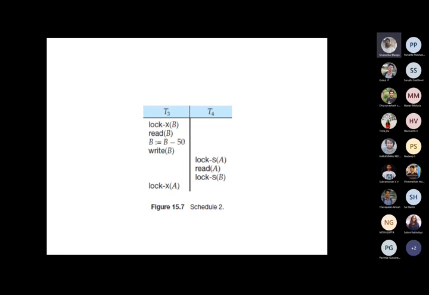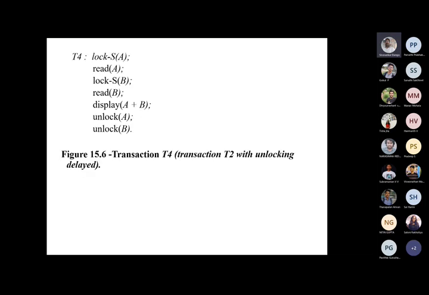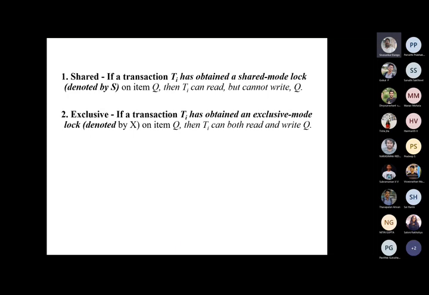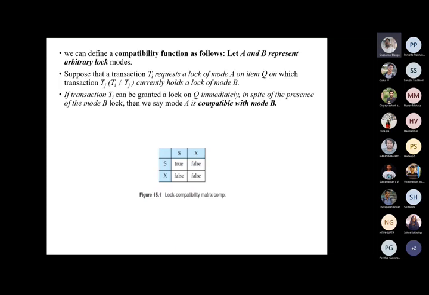So you know this compatibility matrix, right? So when both the transactions want a shared mode lock on the particular data item, it is granted, whereas if one is holding a shared mode lock and the other is requesting an exclusive mode lock on the same data item, it is not granted, right? So again, if one transaction is holding an exclusive mode lock on a particular data item, and the other transaction requires a shared mode lock on the particular data item, again it's not granted.